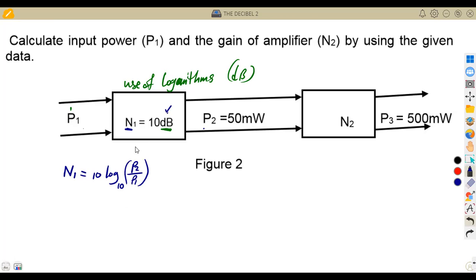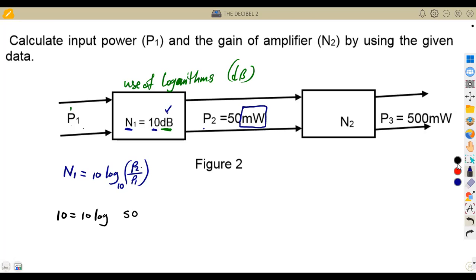So we can substitute N1, which we have, so that we can calculate P1. N1 in decibels, which is our gain, is 10. So 10 is equal to 10 times the logarithm of P2. Our P2 is 50 milliwatts, so I'm just going to write it as 50. If I write it as 50, I must know that my answer is going to be in milliwatts. That is the easiest way to calculate this.